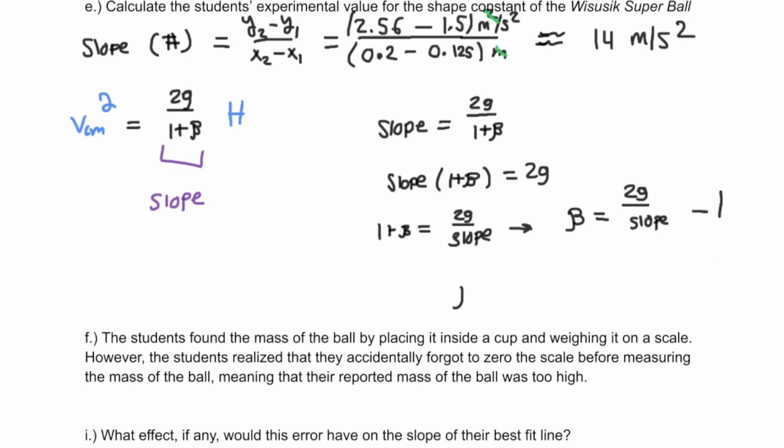And notice we can actually figure this out. So we can get 2 times 9.8 meters per second squared divided by the slope, which we found to be 14 meters per second squared, minus 1.